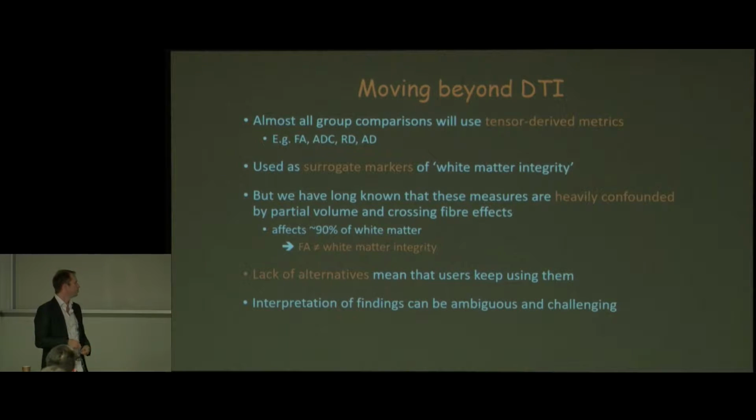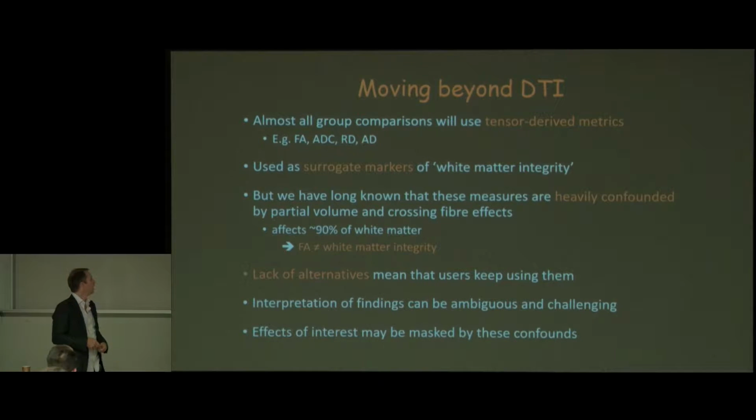But like I said, the main thing is that the interpretation of findings is ambiguous. Another issue is that if you use these kinds of methods, you might find that the effects you're interested in are actually masked by the confounds. You would have got an effect if it had been a single fiber region, but because it's a crossing fiber region, you don't see it.